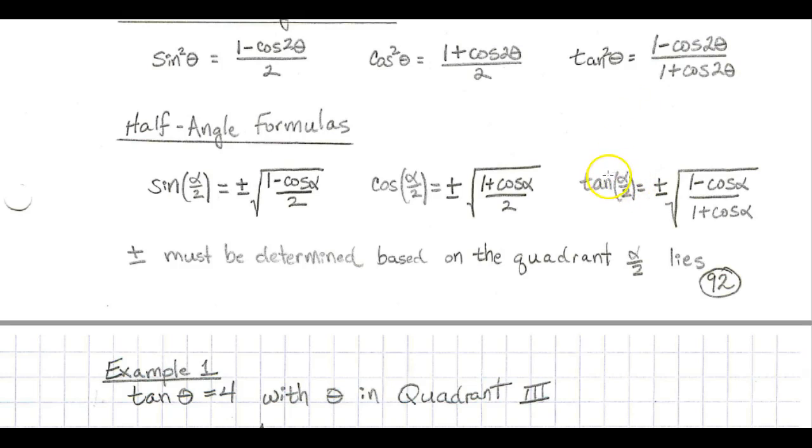And the tangent of alpha over 2 is take the square root of this, so where theta is alpha over 2, you get plus or minus the square root of 1 minus cosine alpha over 1 plus cosine alpha. And the plus or minus sign for these has to be determined based on where you know theta over 2 is, which quadrant theta over 2 is in.